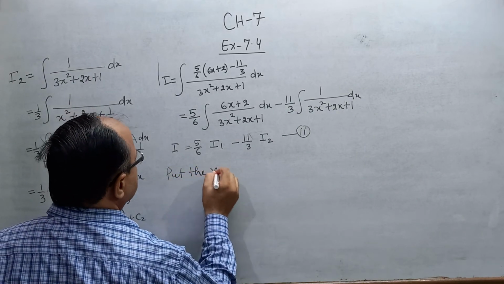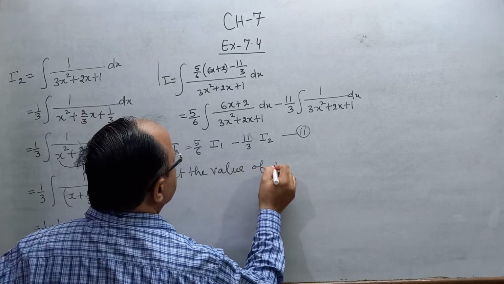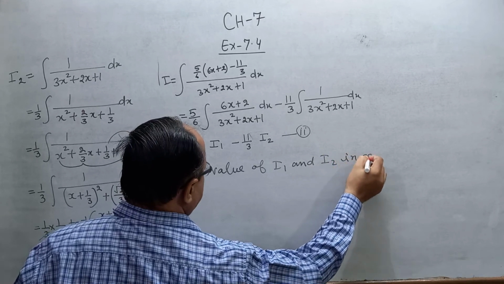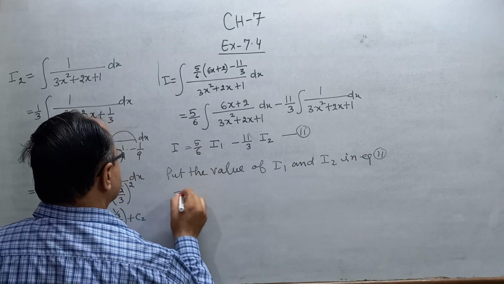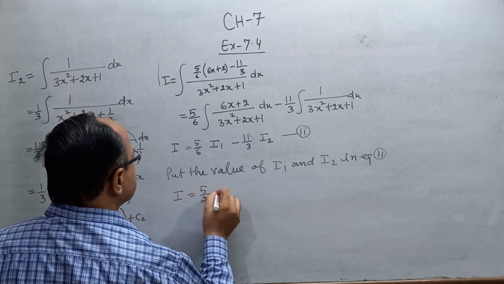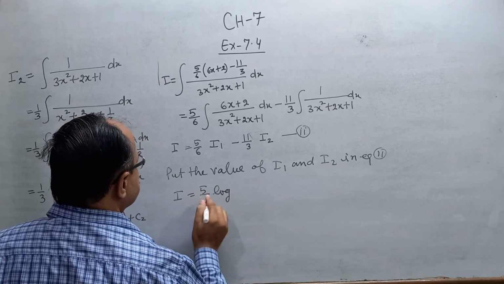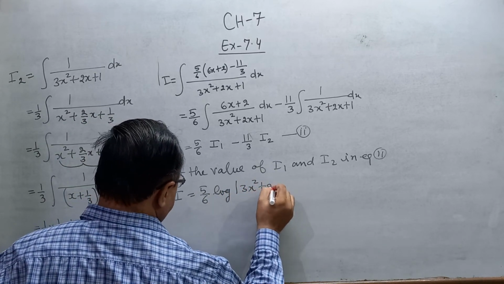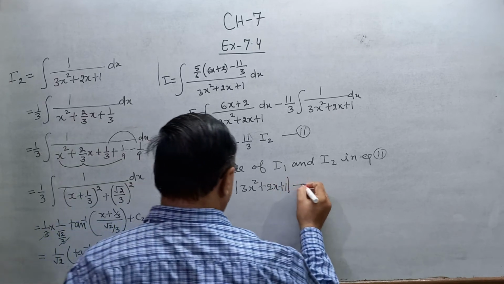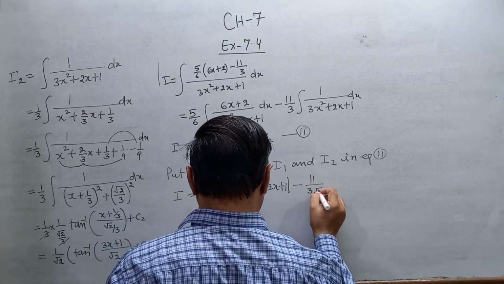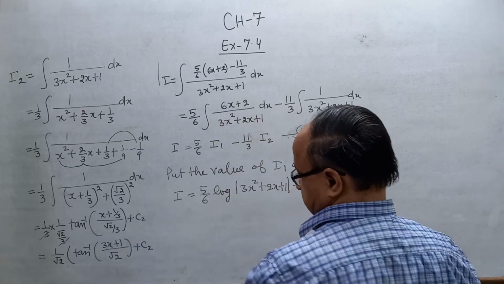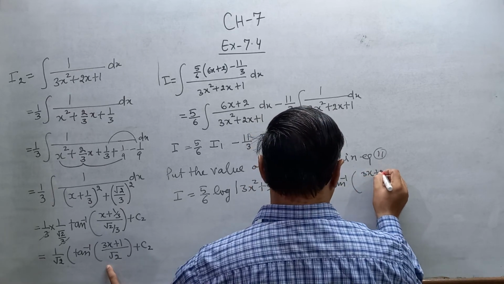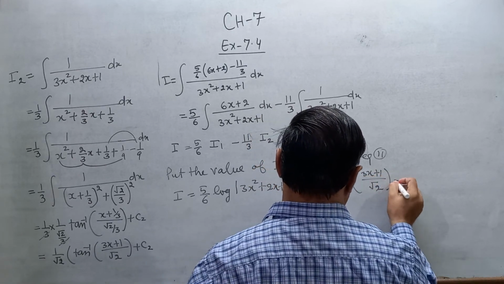Put here 5 by 6 log of 3x square plus 2x plus 1 minus 11 by 3 root 2 tan inverse of 3x plus 1 by root 2 plus c.